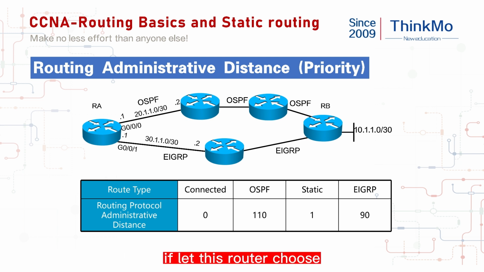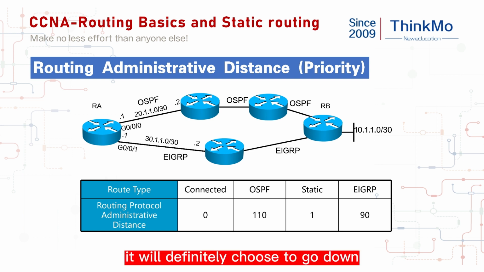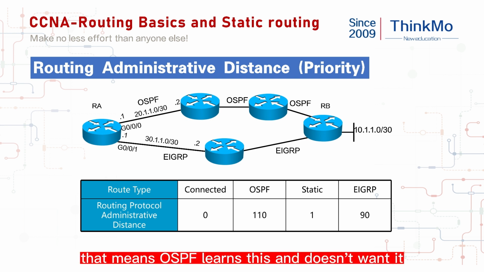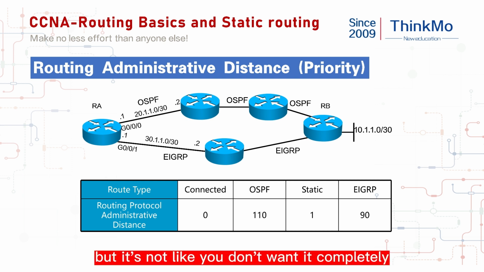If you let this router choose, it will definitely choose to go down. Let's look at the table below. EIGRP has a smaller administrative distance. For equipment, smaller is better. That means OSPF learns this and doesn't want it. But it's not that it doesn't want it completely.